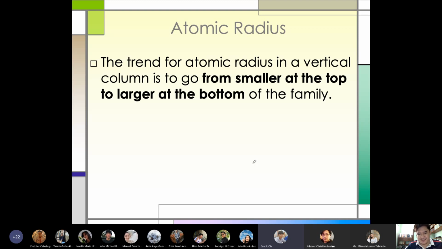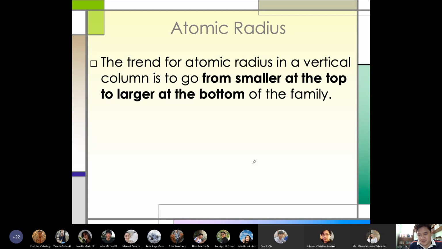Yes, very good. In terms of the effective nuclear charge, francium has a very small effective nuclear charge, and that's why its outermost electron is very, very far away from its nucleus. Thank you very much for that, Enoch.